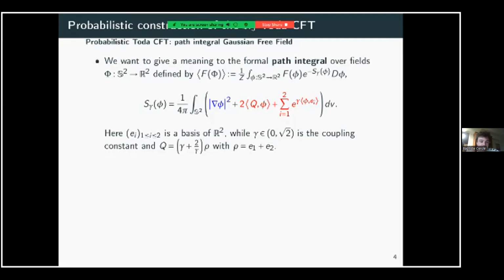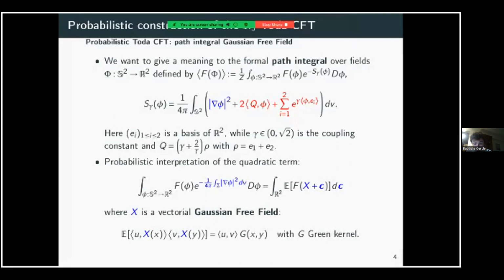And these two directions should not be collinear, that is, they should form a basis of R2. But you still have the coupling constant gamma, and you also have the background charge Q, which is now a vector. But otherwise, the action is really the same as in Liouville. The only change is that you take a two-dimensional field, and you need to adapt the definitions a little bit.